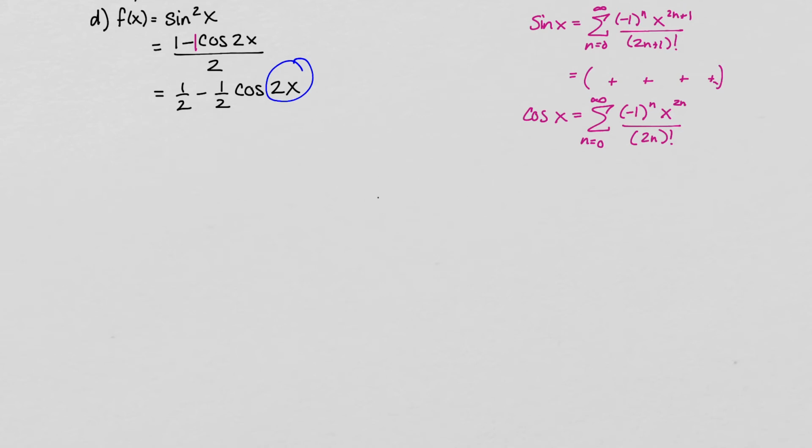If you want to put an X through your notes and rewrite this first part again, then write what I'm going to do. Yes, thank you. Apparently I'm not on my game today. So we've got 1/2 minus 1/2 times the summation, negative 1 to the n. Instead of an x, we have a 2x. So 2x to the 2n all over 2n factorial.